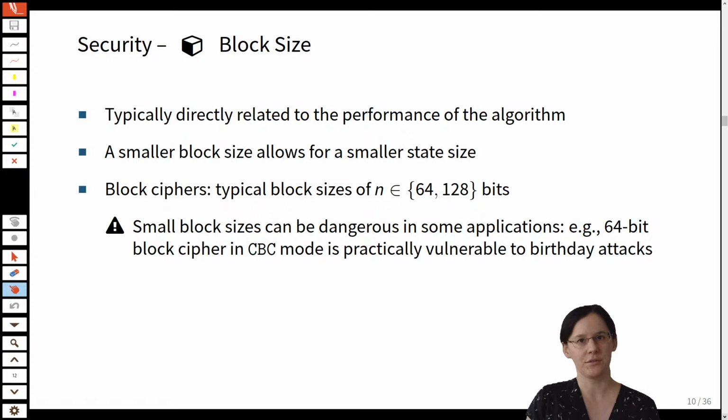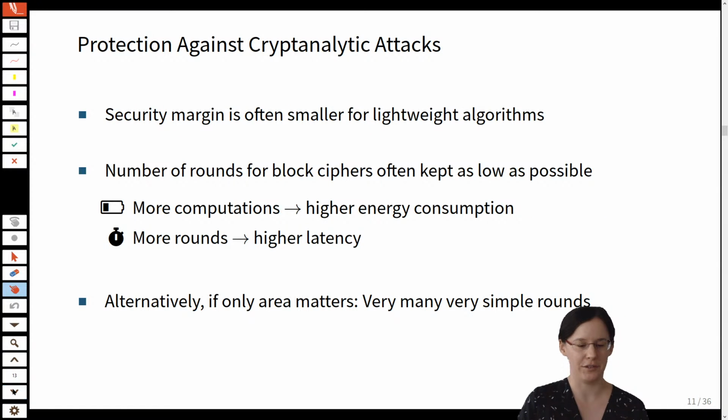We will discuss this for some specific modes in one of the mode lectures in a few weeks. So block size is also something where compromising can give you a benefit, but you have to be very careful that you don't overdo it. But overall, you already notice that there isn't actually too much wriggling room when adapting the interface parameters.